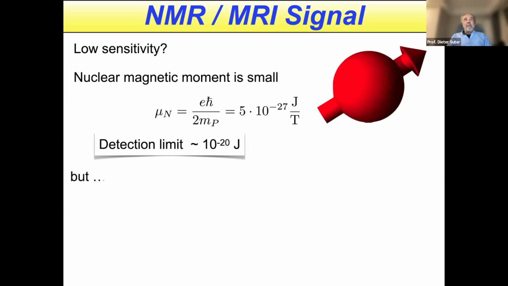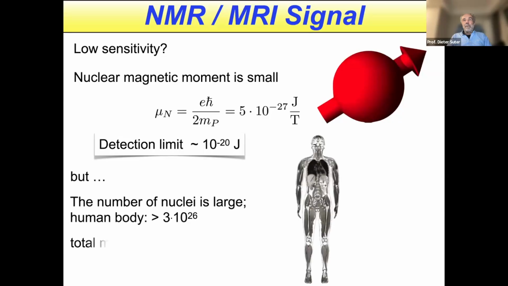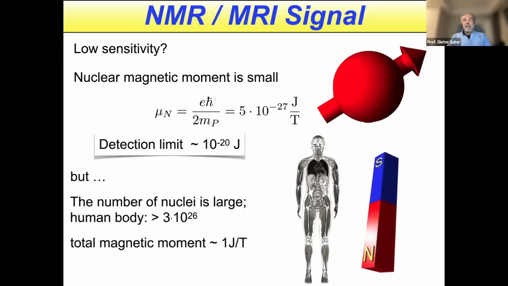So it sounds difficult. On the other hand, of course, we have a signal that is normally not from a single nucleus, but from a very large number of nuclei. For instance, in the human body you have several times 10^26 nuclei, which give you a total magnetic moment of about 1 joule per Tesla, which should be large enough for many applications, and that's why we get very nice images of the human body.